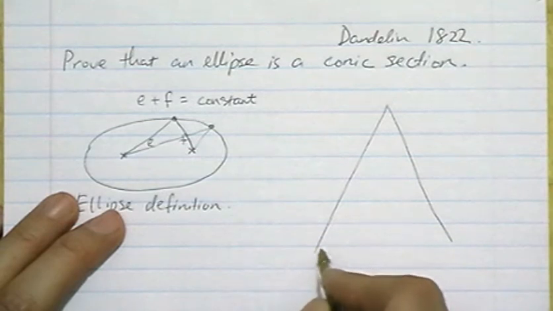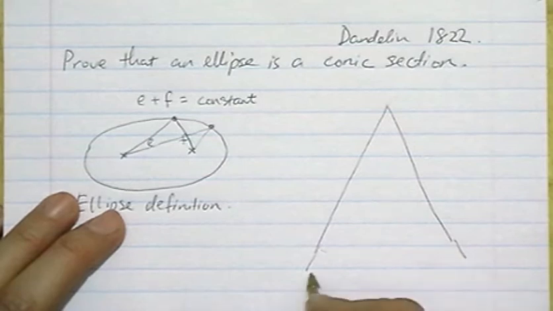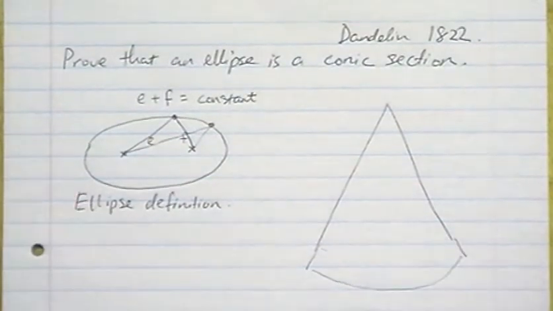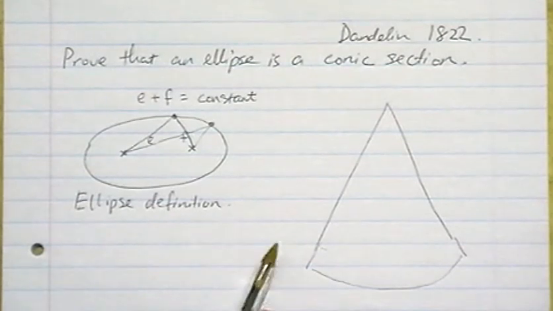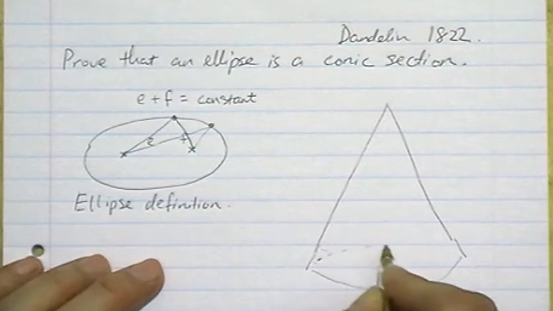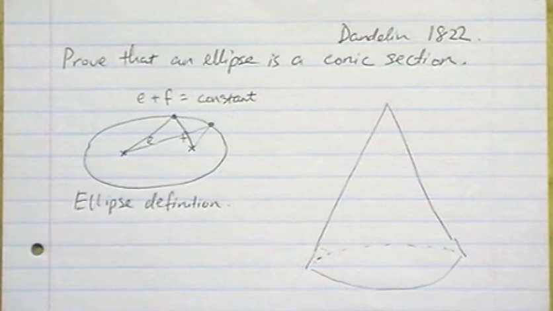Alright, that should be what is called a right circular cone, meaning that the cross section that is perpendicular to its axis is always a circle, like that, much like an ice cream cone.